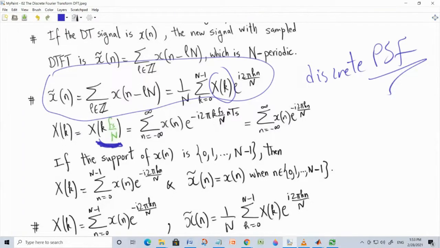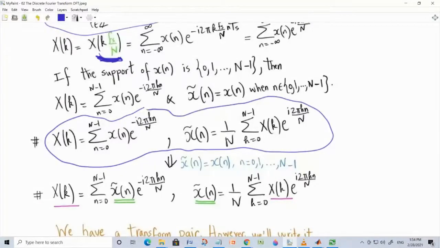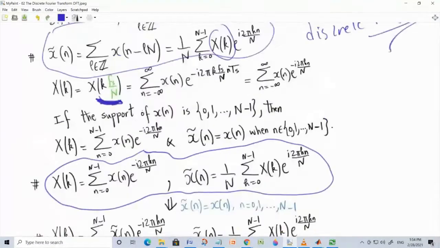So now we will no longer deal with a continuous frequency variable. We will compute the spectrum at integer multiples of fs over n, and we need to compute just n numbers, because the numbers will keep repeating. Okay, so here is what we have till now. This is x tilde of n.